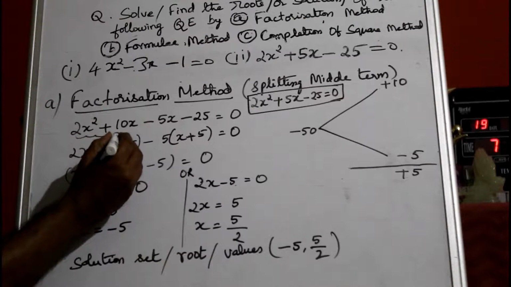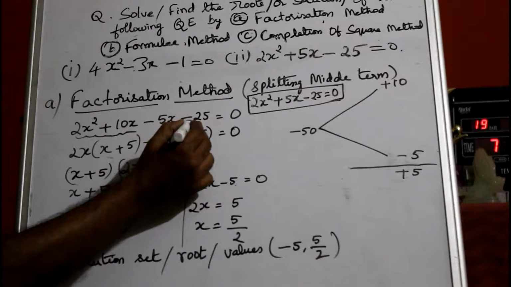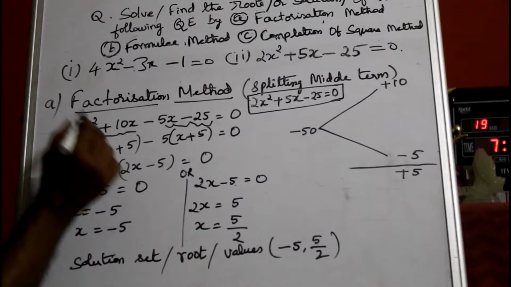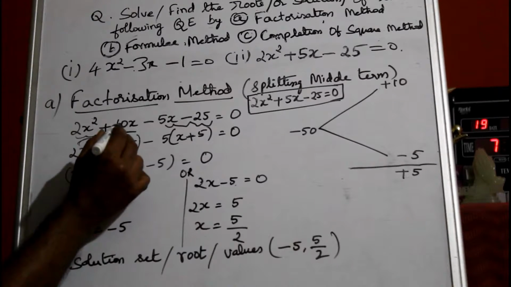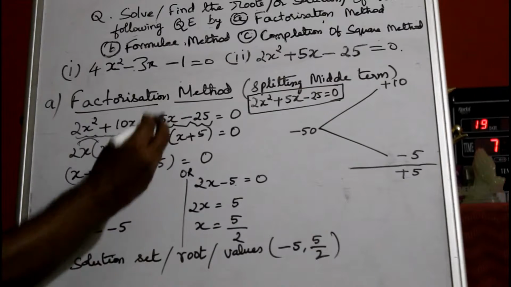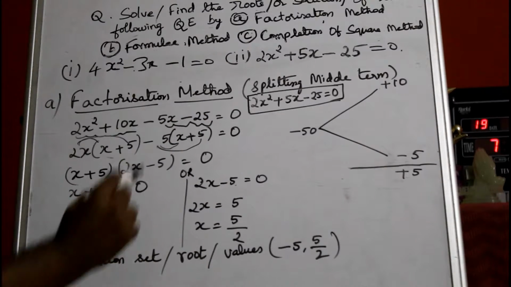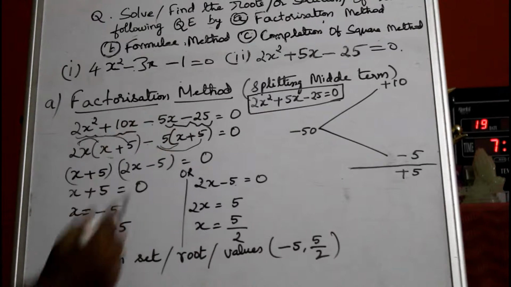See, the first two terms are grouped and these two terms are grouped. If you want to check it, 2x into x is nothing but 2x square. Similarly, 2x into 5 will be 10x. Then minus 5x and minus 25. So here minus you put as it is, and 5 is common.